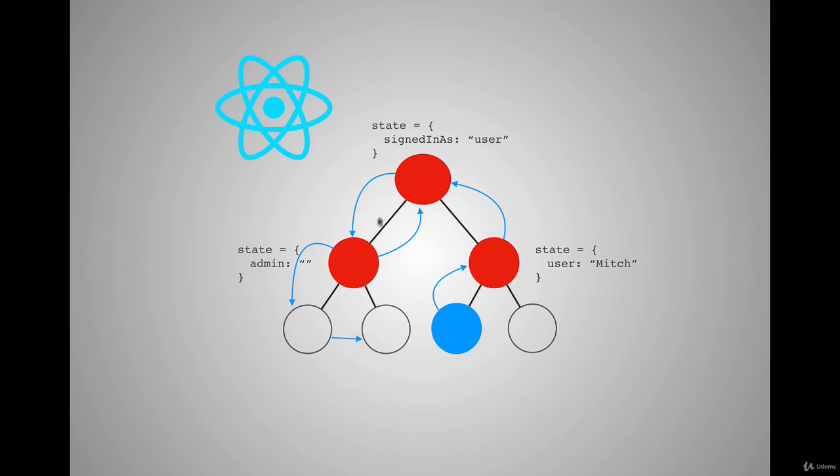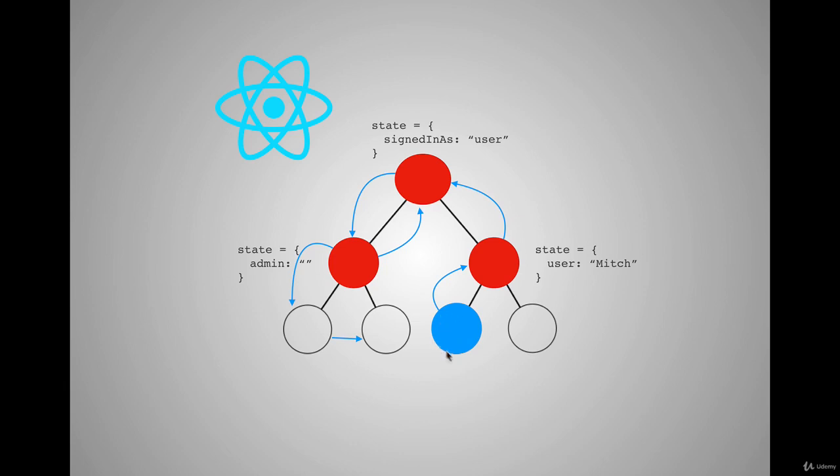For example, the red dots over here, they have state. So for example, this app component will have a state of signed in as, and let's say the state is user. In that case, this user component might have a state of user Mitch.